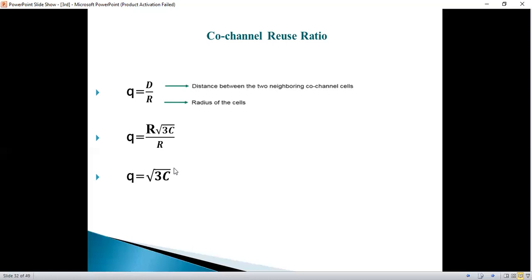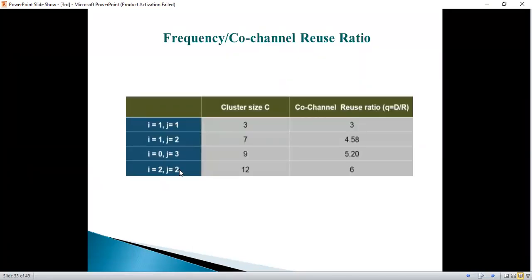Yes students. Yes ma'am, it's clear. Now this table, if you can just see this one, this is giving the shift parameters. Here you have the cluster size, and this is the co-channel reuse ratio. You know all the formulas, you can find them out.